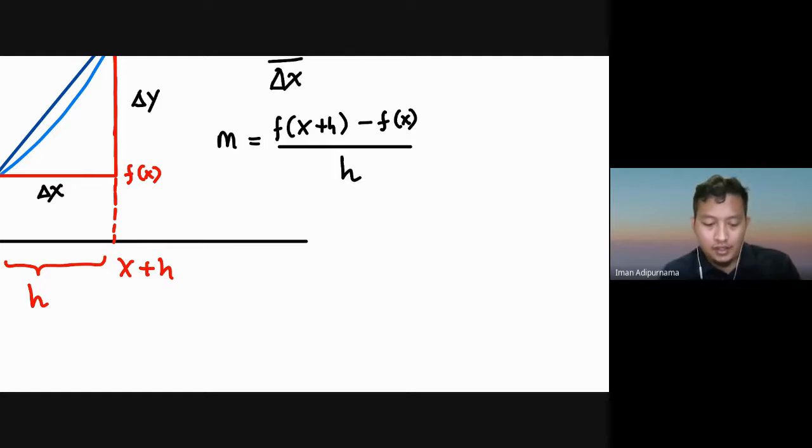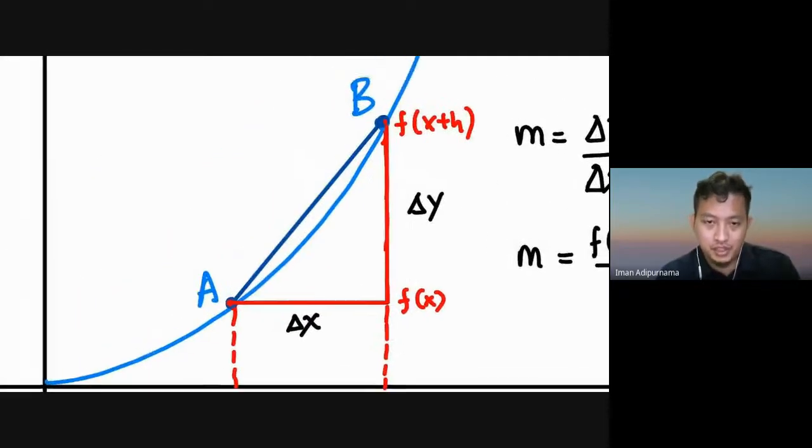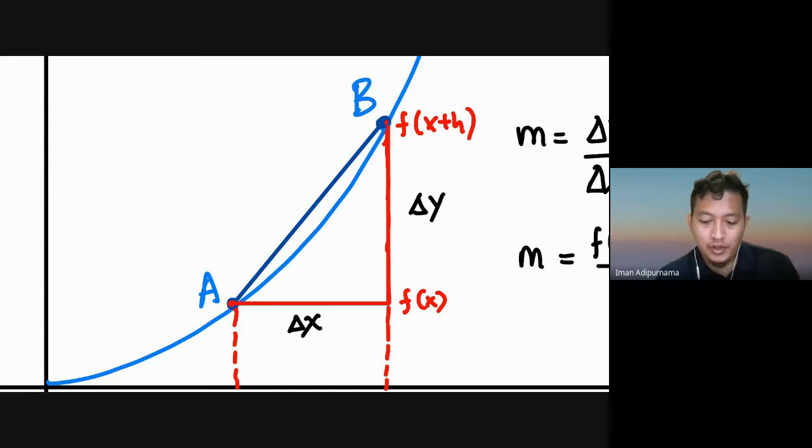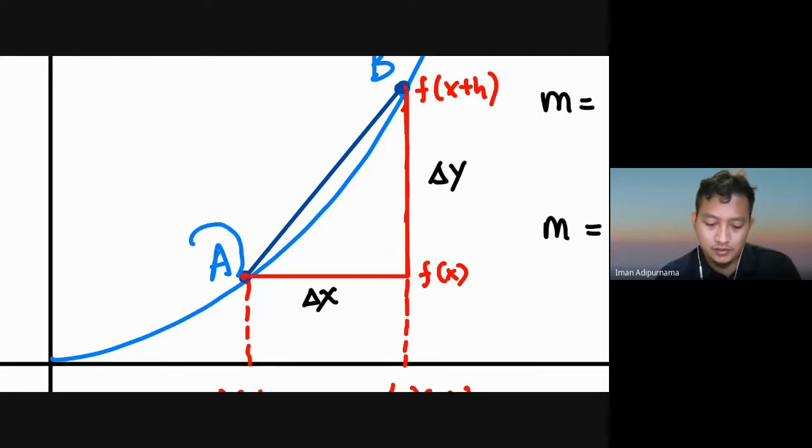Okay, now from the picture before, we know that if we move this A here, right, use the other color, maybe orange.